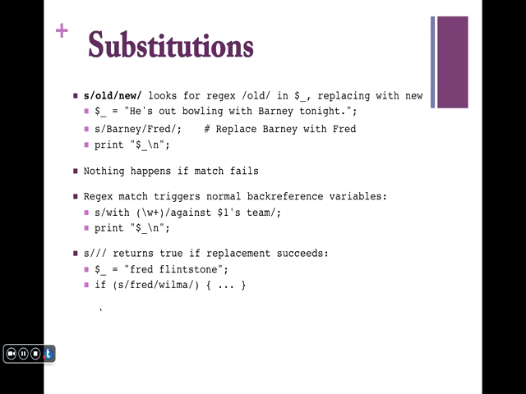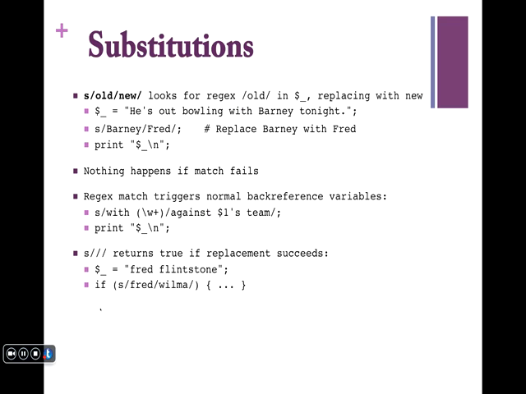So in our case, let's say we implemented the first example. So now we have he is out bowling with Fred tonight. What will happen is it will match with Fred. This is exact, because as you remember, \w matches any character, digit or underscore. Space is not included with \w.